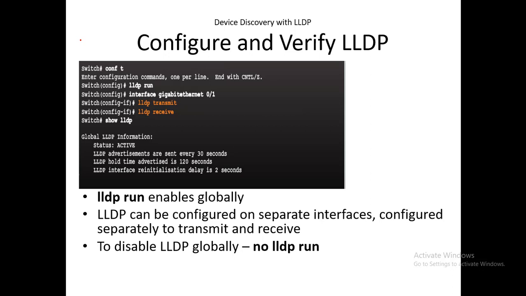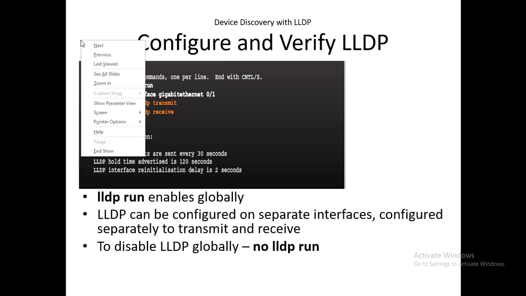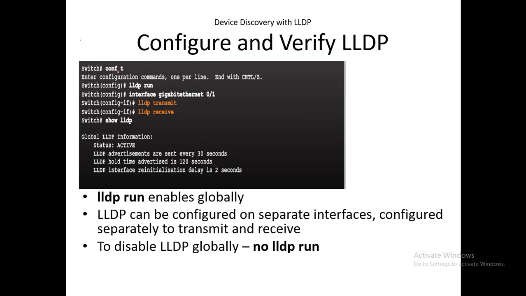The interface and the configuration is shown over here in this diagram. You can configure this LLDP protocol by using this command, configure T. You can see that this is the switch, and you have configured it with T. So using this command, LLDP run, it will basically enable the LLDP globally.